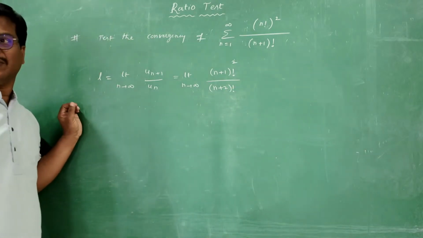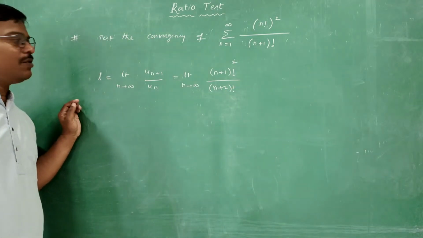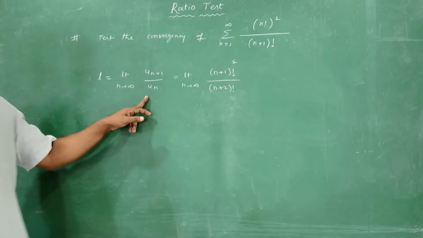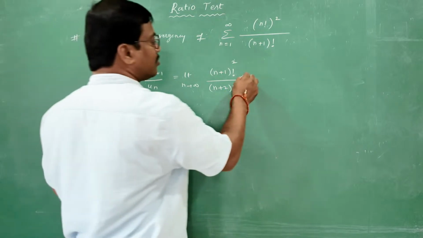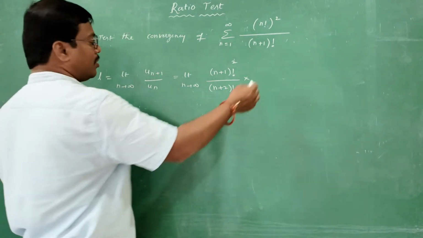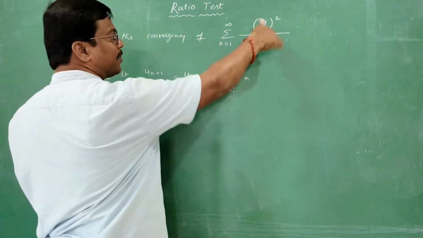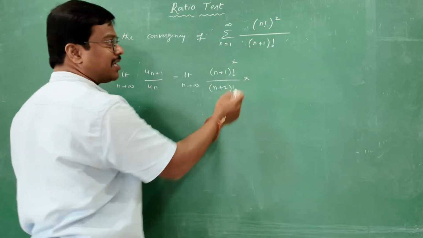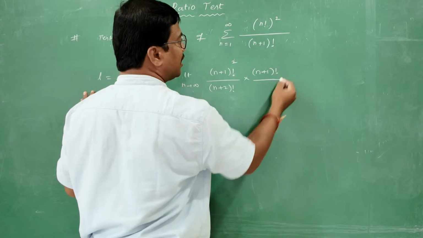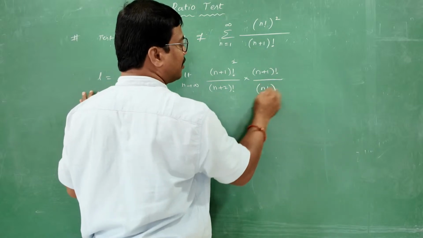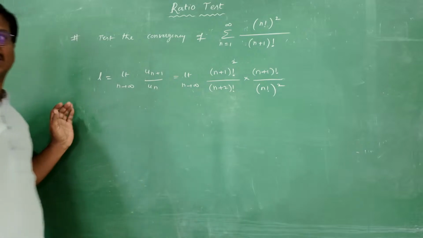Okay, un plus 1 over. Next, you need to write un. Here, un is in denominator part, but I am going to write reciprocal of this by writing multiplication. So it becomes n plus 1 factorial divided by n factorial whole square. Is it?